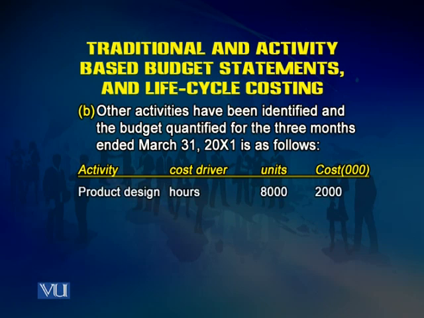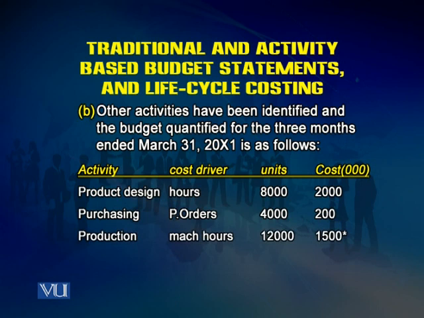So for the product design activity, the cost driver is number of hours. This will be design hours. The units are 8,000, so 8,000 hours, and they are going to cost 2 million. Purchasing activity, the cost driver is purchase orders. Units are 4,000 and the cost is 200,000. So 4,000 purchase orders expected to cost 200,000.